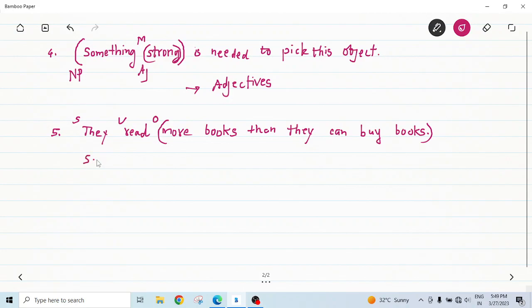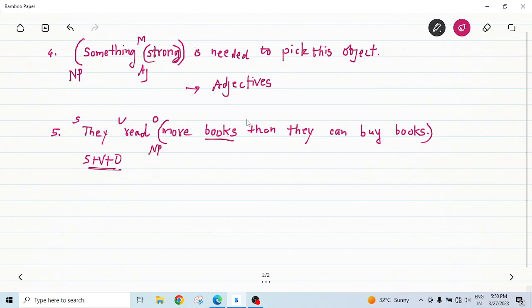So S plus V plus O is the basic sentence pattern here. Now we have to concentrate on this object because the head word of this group of words is a noun, that is books.